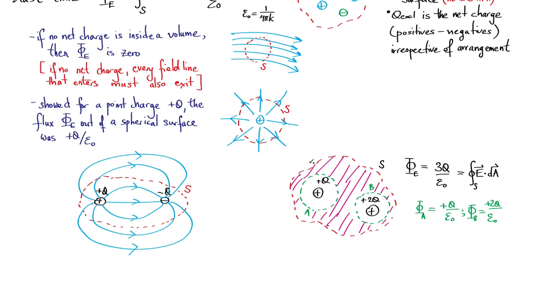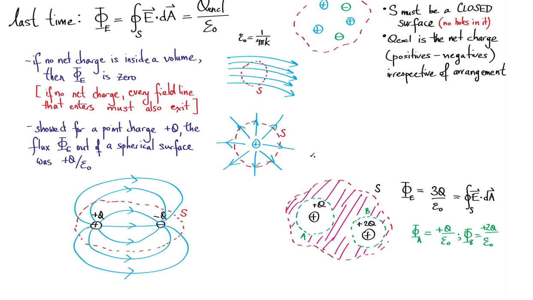There's a couple holes cut in, but you can still think of it as a closed surface, because at least when we add A and B to this, basically the whole thing will be closed. And there's no charges inside this volume, right? There's no charges inside the pink area.